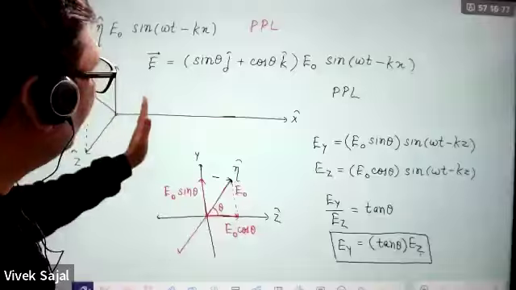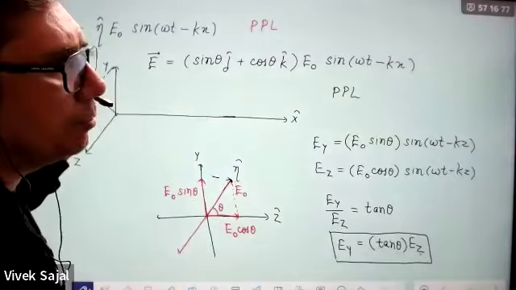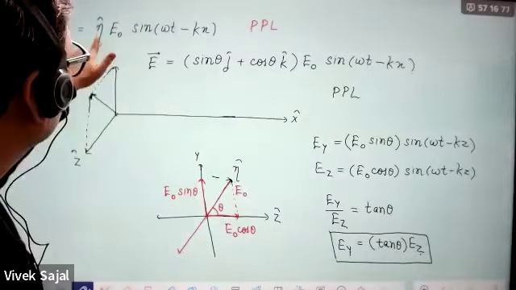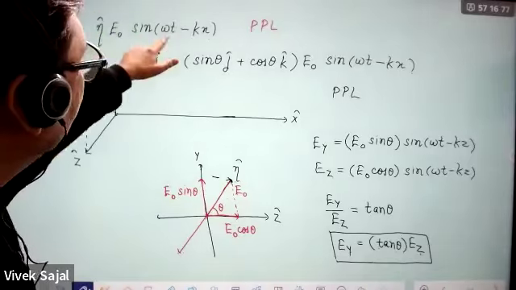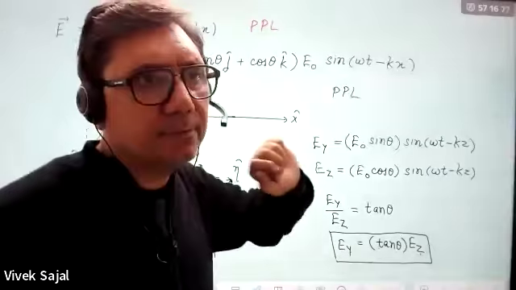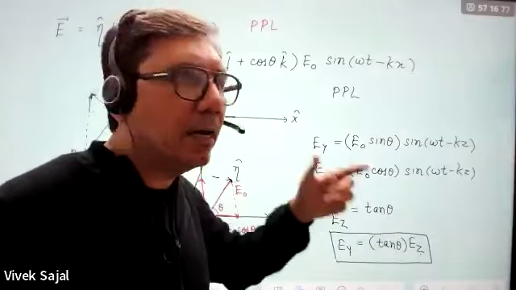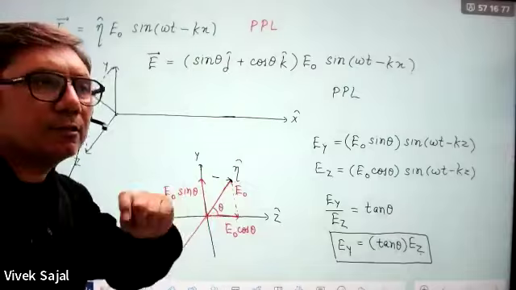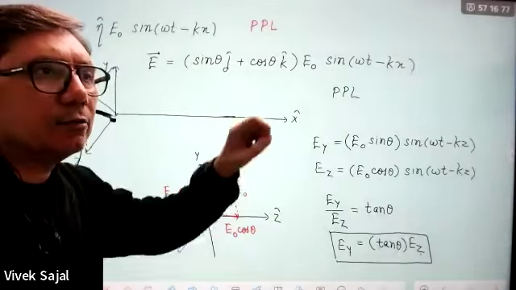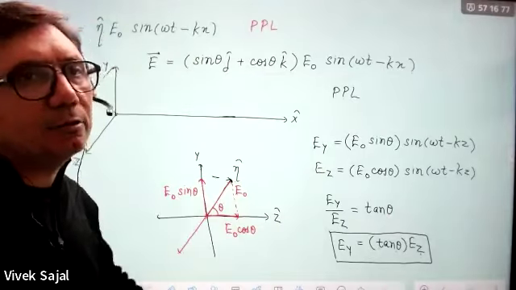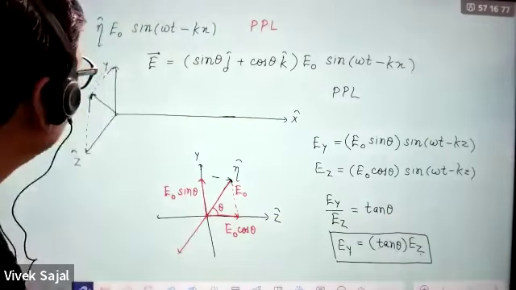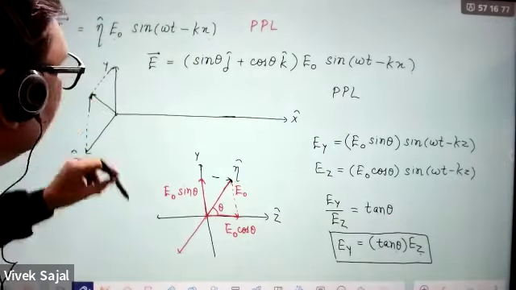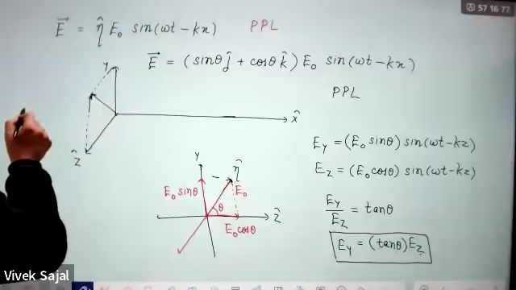I'm saying this type of wave I am having. I'm having a plane polarized light like this, whose electric vector is in eta cap direction and it is propagating in x. I'm assuming this type of plane polarized light. I want to show you that it's not necessary that the electric vector should be along the y cap direction or z cap direction. It may be in any direction, but that direction should be perpendicular to this x cap.